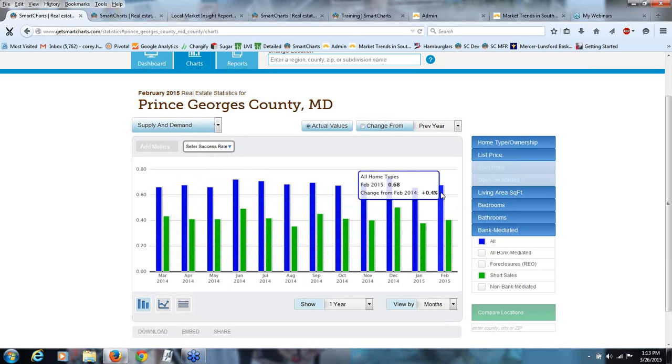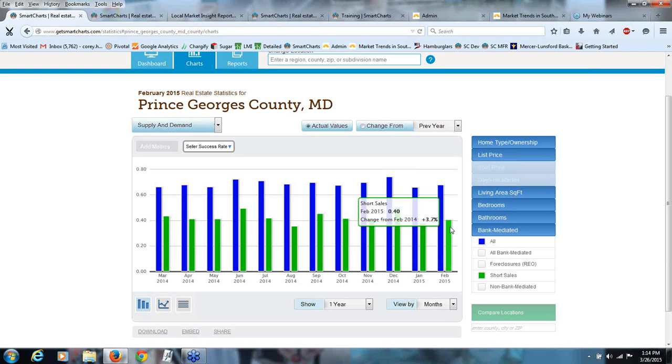So they'll basically either return the listing or get taken off the market without a successful close. Prince George's County, that success rate is a bit lower than elsewhere in the DC metro area. It's 68% for all homes, but for short sales, it's 40%. So 2 out of 5 short sales that get contracts are actually closing. 3 out of 5 are failing.